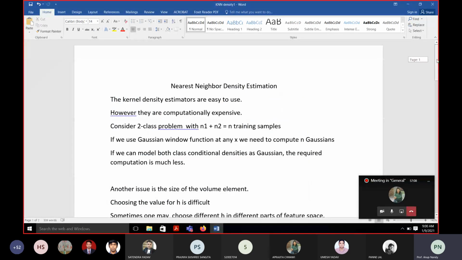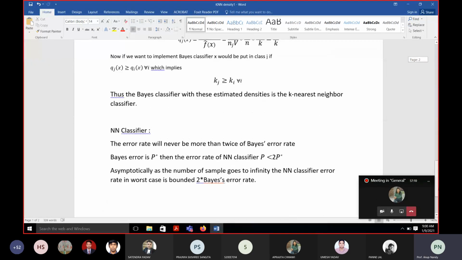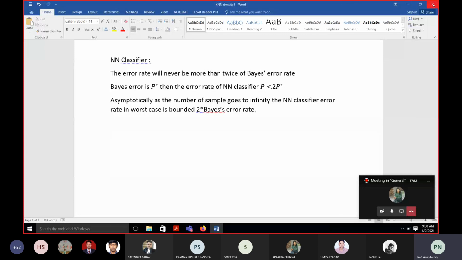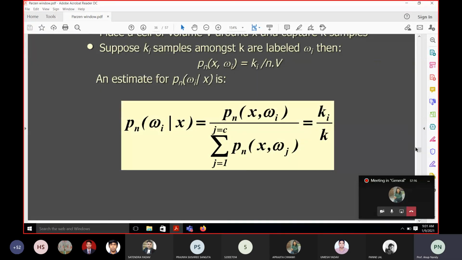So in the next class, probably I'll start principal component analysis, but before that I'll start regression. I'll start the single variate regression analysis, the simple regression analysis, and then we'll have the multivariate.